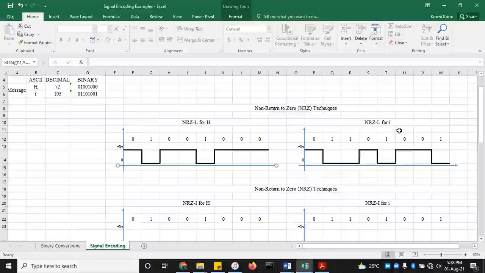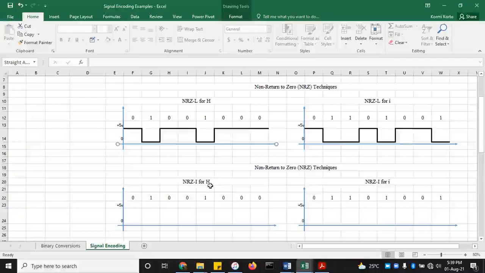And then for lowercase i, it's high, low, low, high, because of 0, low, so 1, high, high, zeros, and low for 1. So you have high, low, high, low, high, low. That sounds like a rhythm, huh? Okay, so that handles non-return to zero level.